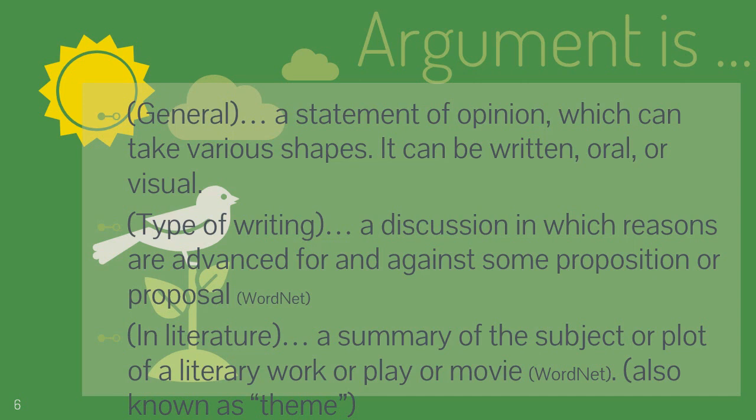That is also an argument, and we use this in literature. Sometimes we also call it theme. Again, the third one is the theme of an essay, the theme of a short story. That is also an argument. So there are three meanings of argument that we use in this course. But for this unit, we will be talking mostly about the general and the argumentative meaning of argument.